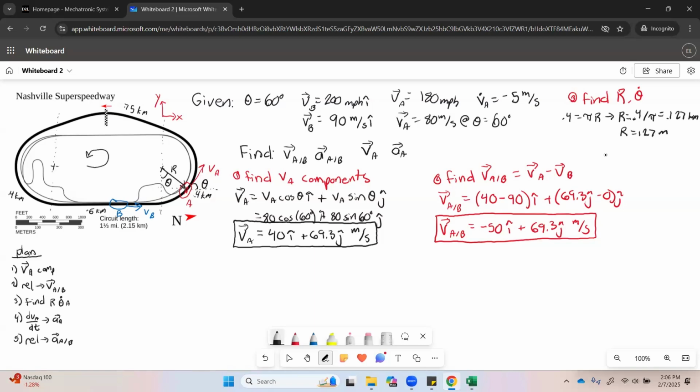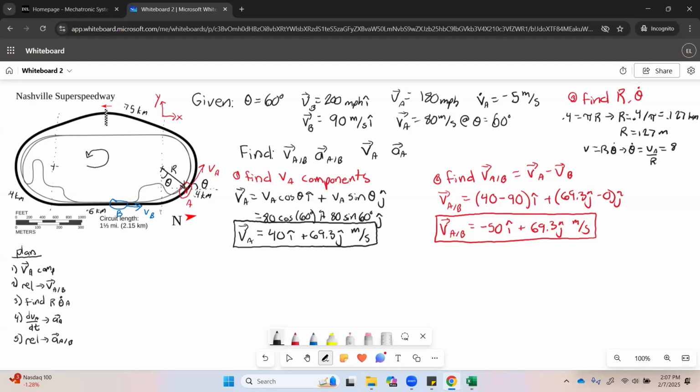We have to convert. Then for theta dot, just like v equals r theta dot, theta dot equals v over r. Since this is for A, we've got VA over r.